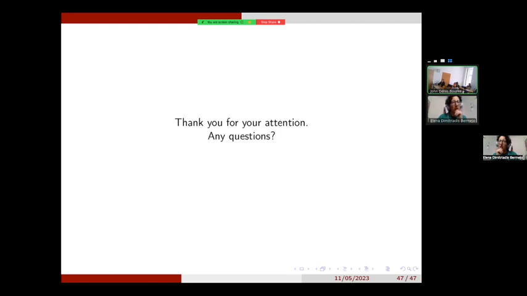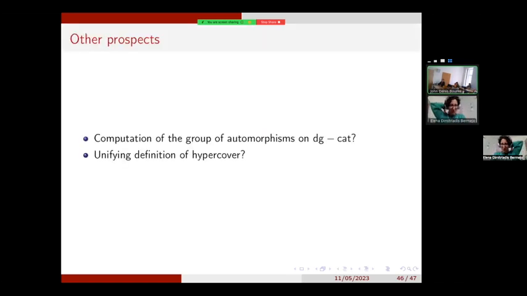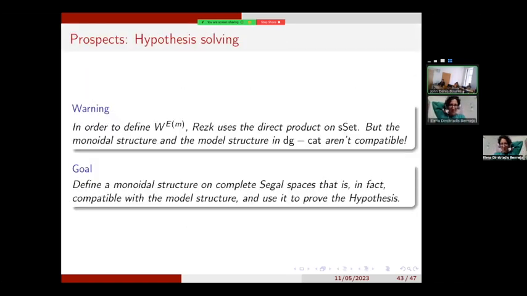So just the Cartesian product of two complete DG Segal spaces. We think so. That I think comes back to this issue.